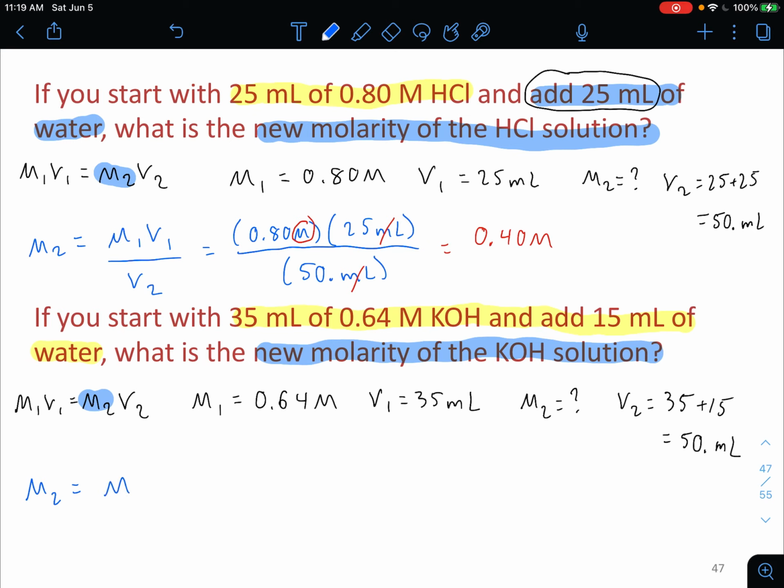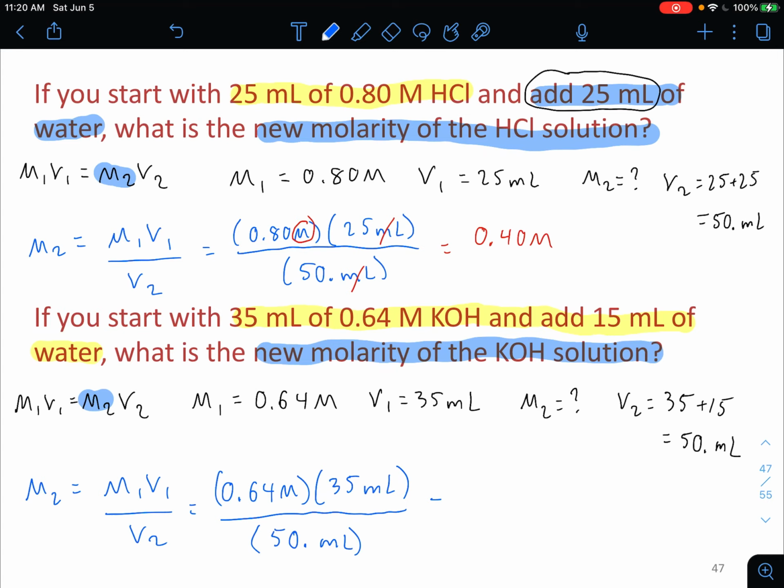So from here, isolate for M2, so we get M1 V1 over V2. Put in all the numbers I've got, 0.64 molar, 35 milliliters. And then V2 is not 15, but 35 plus 15, 50 milliliters.